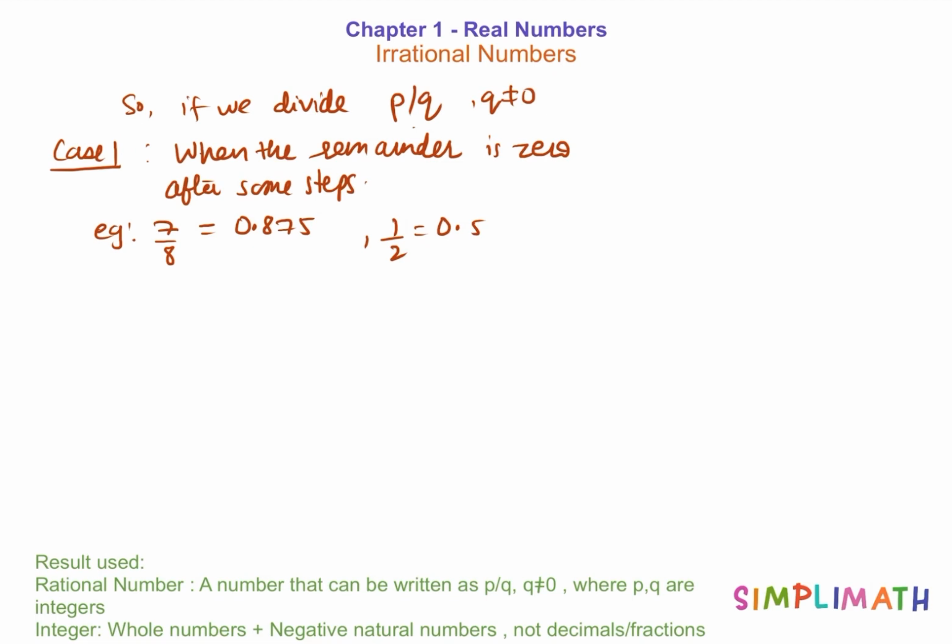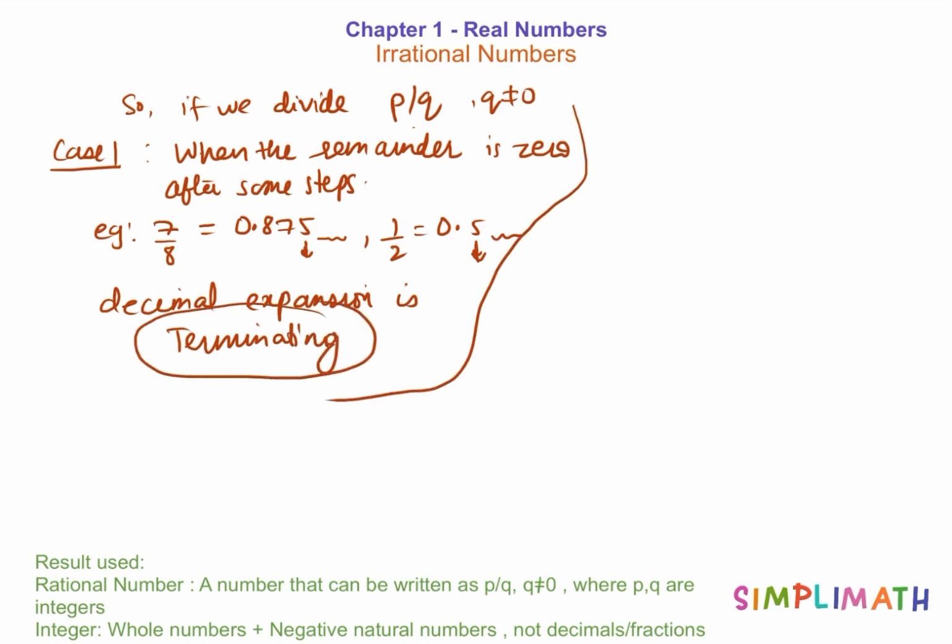After this 5, we do not get any other number. So the decimal expansion stops at 5 here and stops at 5 here. The decimal expansion terminates after a finite number of steps. So here the decimal expansion is terminating.